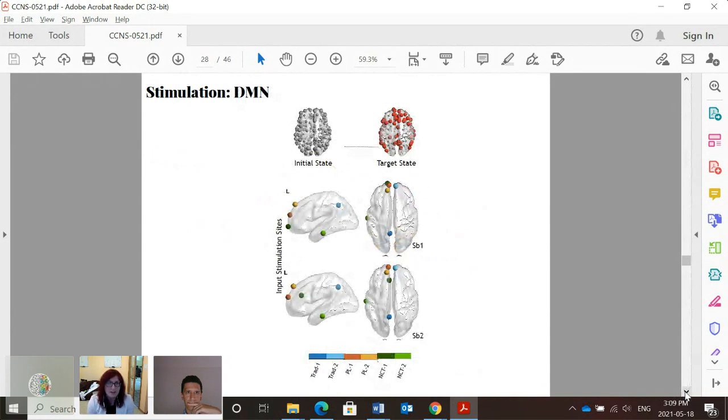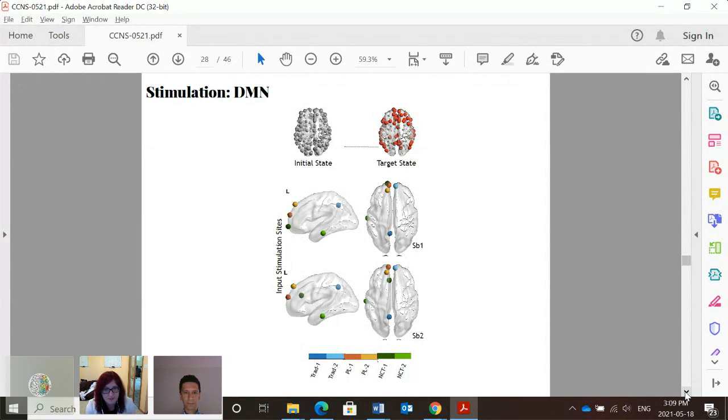Next slide, thank you. So this is the first results for the default mode network. What you're looking at on the top row is an initial state for an individual of different levels of activation across the brain. And then our target state is to activate the entire default mode network. And what you're seeing in the brains below is the regions that come out from each of these approaches.